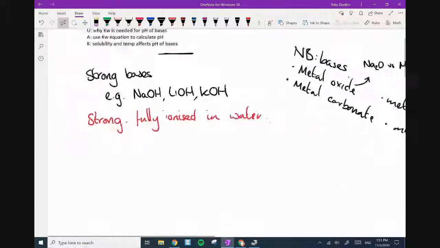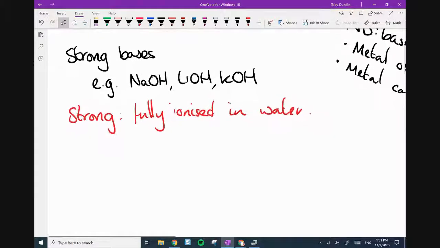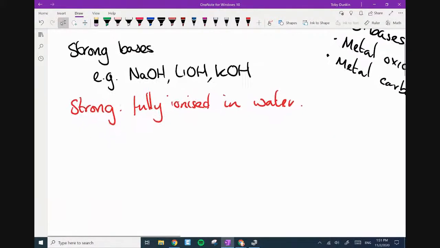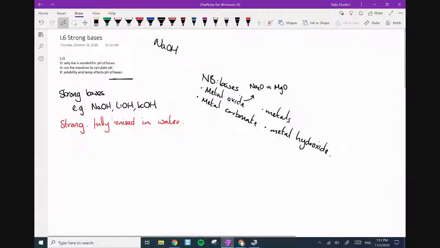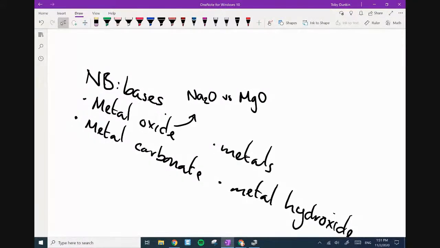And if you want to talk about ionization in water, then you're talking about solubility, which is partly because they're ionic, and the idea of dissociation. We'll do a couple of equations of that in a minute. The second reason we don't tend to talk about these is because they actually react with water to produce the metal hydroxide.